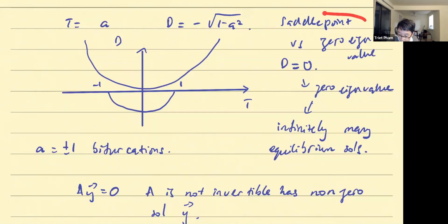That alone tells you that these are very different kinds of behavior. So that's the bifurcation right there. Okay. Any other question?